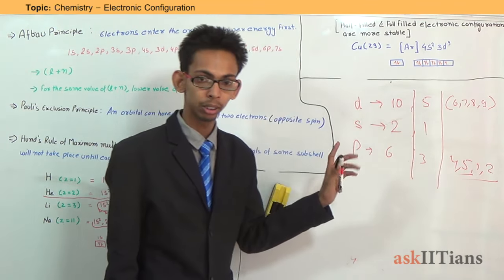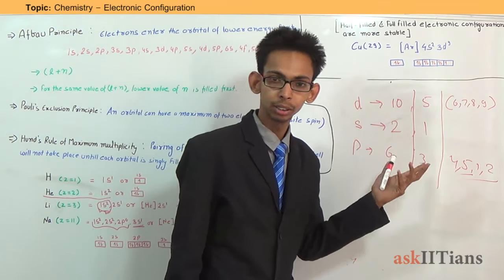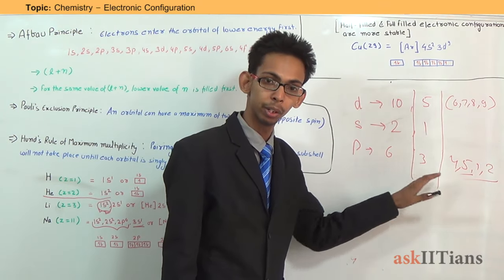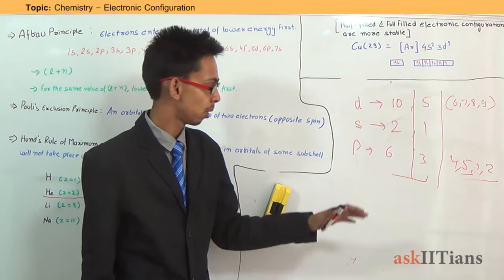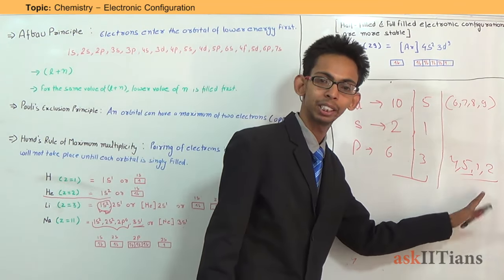So according to this rule, half filled and fully filled orbitals are more stable as compared to partially filled.